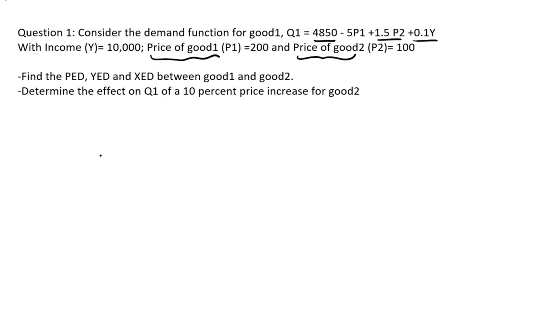Also income is given. So in this demand function Q1, you can clearly see that Q1 equals 4850 minus 5 P1 plus 1.5 P2 plus 0.1 Y, where P1 is the price of good 1, P2 is the price of good 2, and of course Y refers to income.